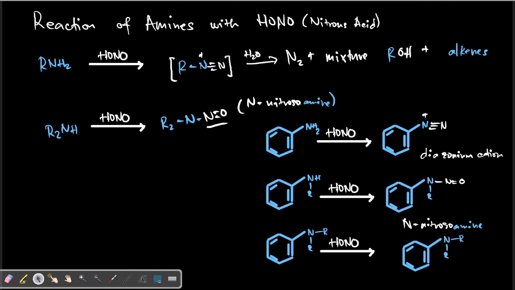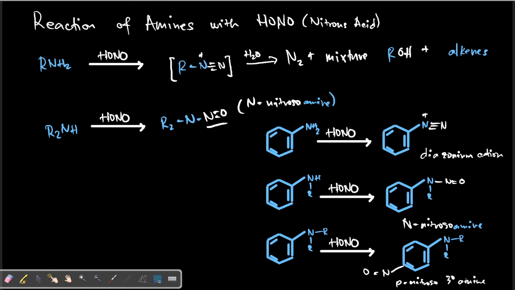Instead na dun sa ating amine magkakaroon ng bonding, what will happen here is we will actually have here a P-nitroso. So we have here P-nitroso tertiary amine. Okay?